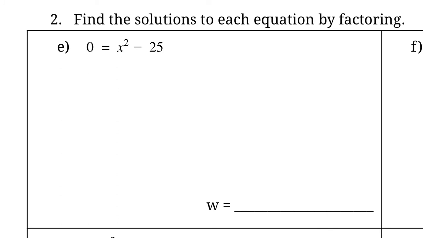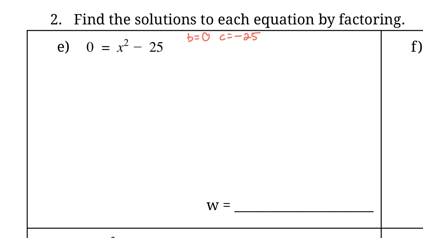But let's actually skip on to a question where it asks us to find the solutions to this equation. So we need to solve 0 equals x squared minus 25. And we're going to have to factor this first. So there's no term with bx, so that means that b is equal to 0, and our value of c is this negative 25.